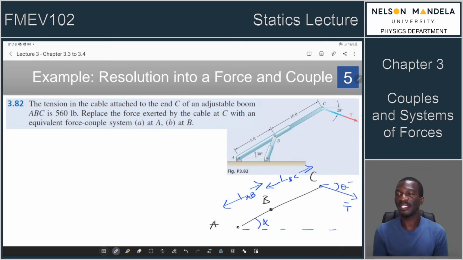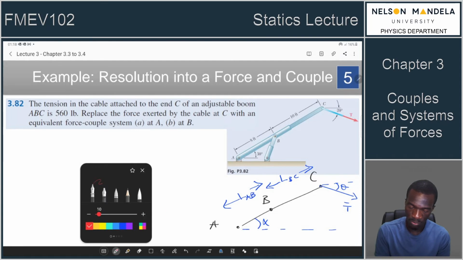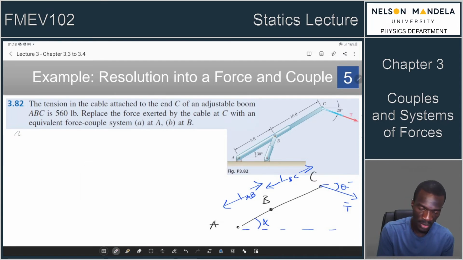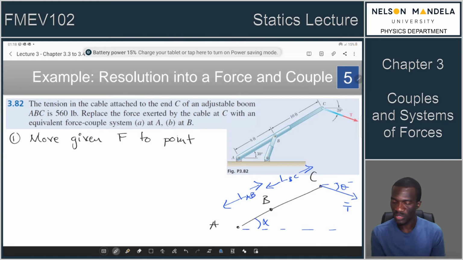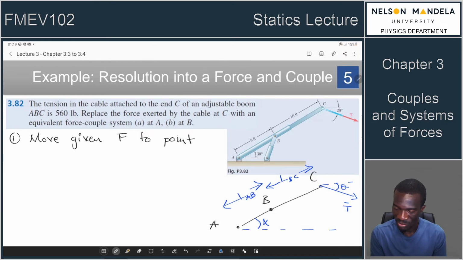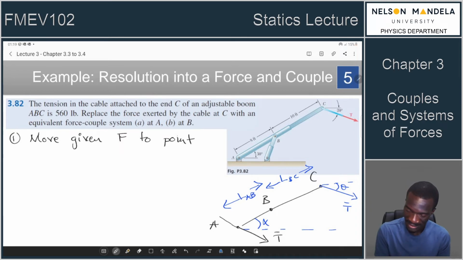So for us to find an equivalent system at A, what do we need to do? Number one, we need to move our given force to the desired point. So our T has now been moved to point A. So there we have our T. Now that our T is at point A, we need to counteract that by generating another force in the reverse direction.